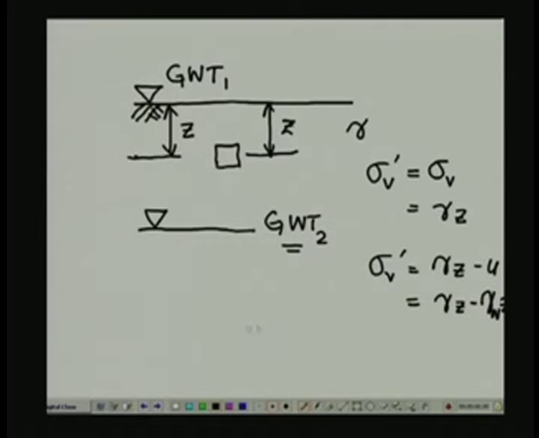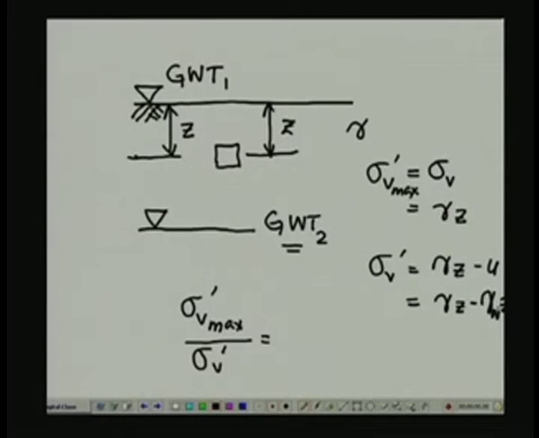So then what we have got is the ratio of sigma v prime max over sigma v prime, and we can also write here that this value is going to be sigma v prime max.